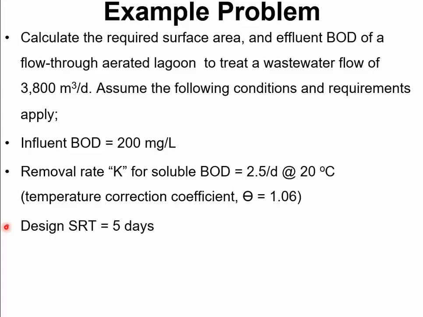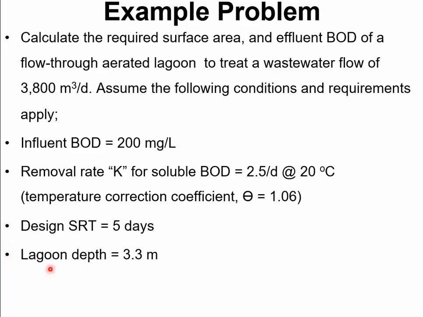So sludge spends more time, bacteria spends more time in the reactor as compared to the wastewater. But here in the aerated lagoon, since no recirculation of sludge is applicable, the sludge retention time and the detention time are the same.